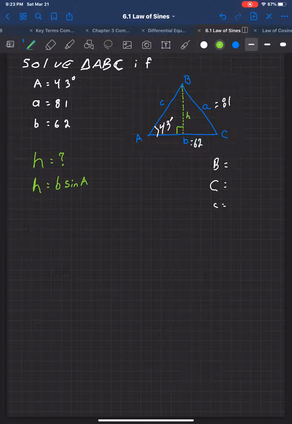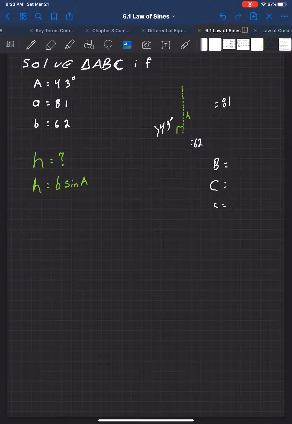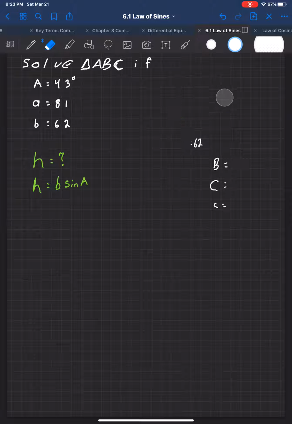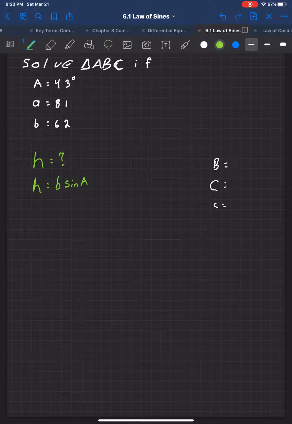Now, the only difference is I drew the triangle a little bit differently here than I should have. Let me make sure you understand what I'm saying. On my paper, the one I was looking at right now, I drew my triangle like this.